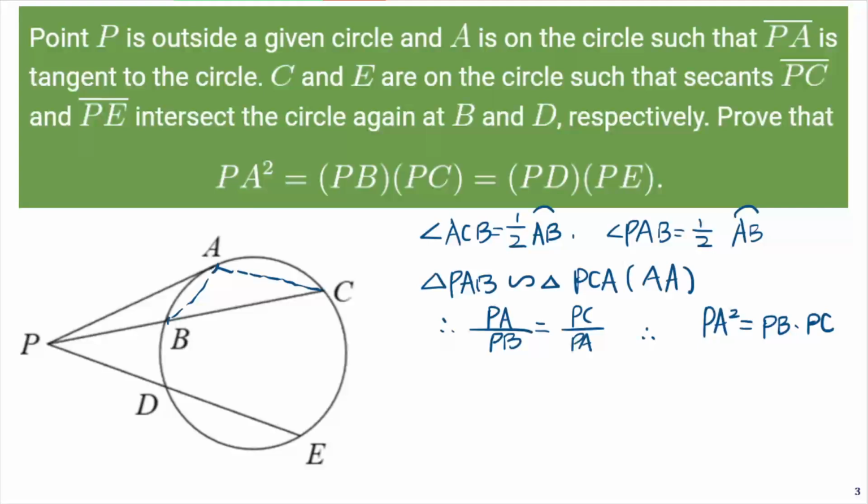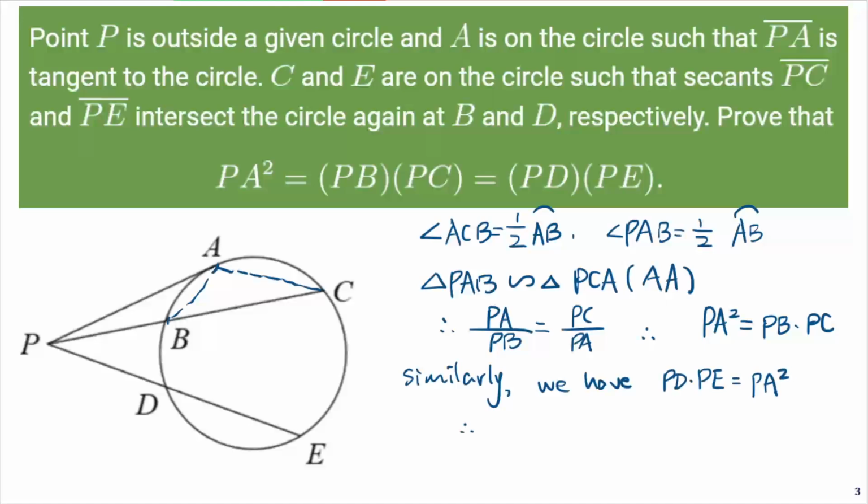Just as there was nothing special about the chord we looked at in the previous problems, there's nothing special about the secant PC here. By exactly the same reasoning, we can have PD times PE also equals PA squared, right?